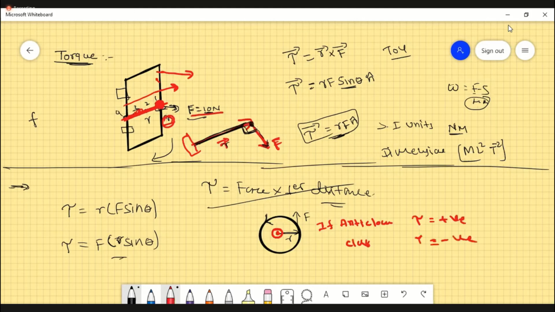If the rotation is happening in the xz plane, then the torque will be along the y axis, and the axis of rotation will also be along the y axis.